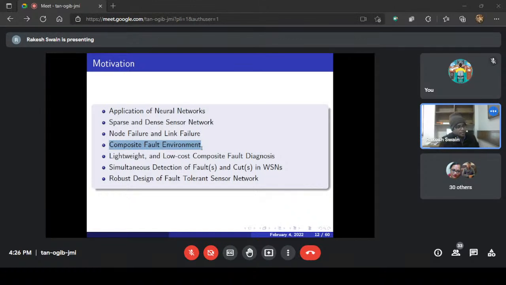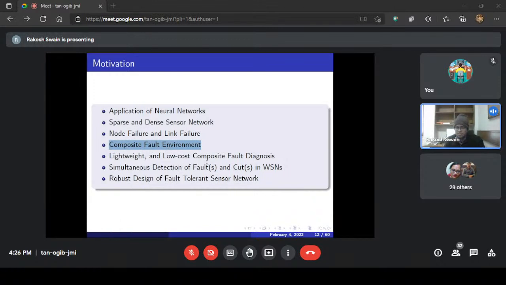You can take soft fault, hard fault, permanent, intermittent, transient, all types of faults. That means you give a single solution that deals with a composite fault environment. It will detect and diagnose all types of faults. So that is important, the composite fault environment. And whatever algorithm you design here, it should be lightweight and low cost.